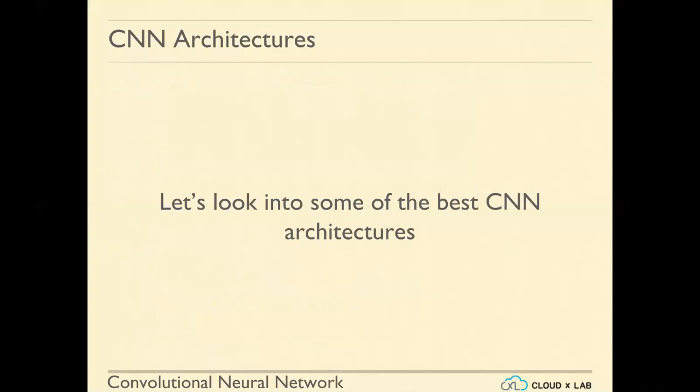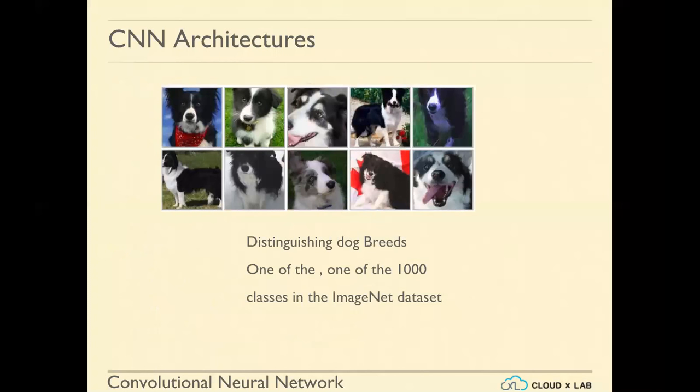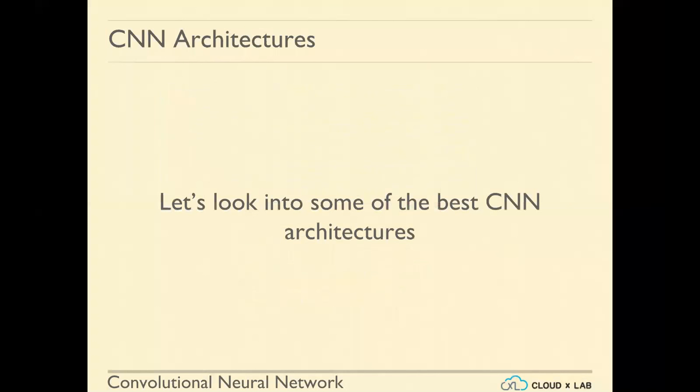These competitions have led to amazing architectures, through the way of arranging CNN layers and coming up with all kinds of pooling and filters. So let's look at some of the best CNN architectures.